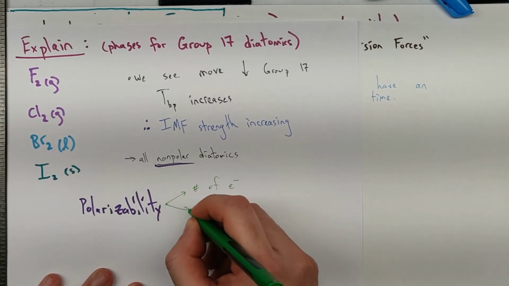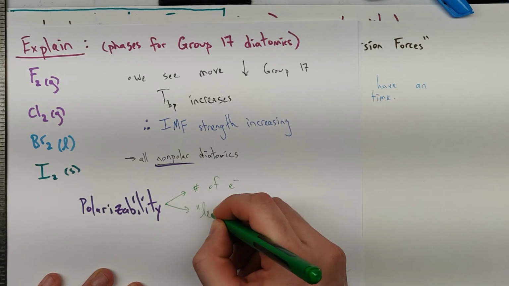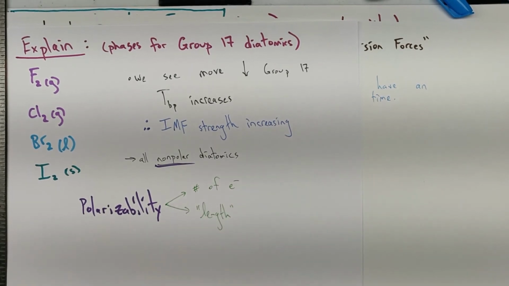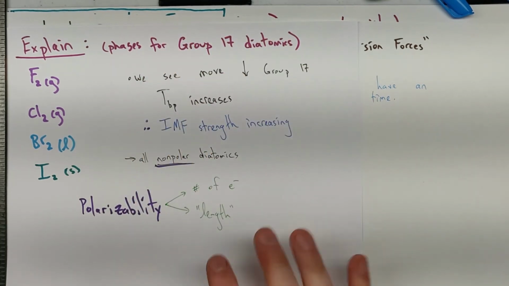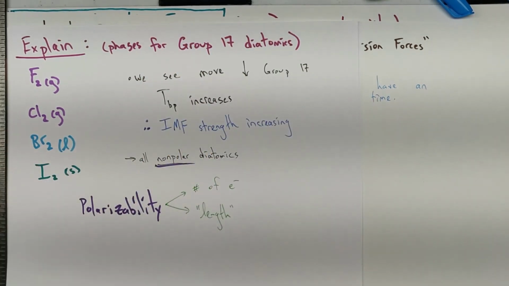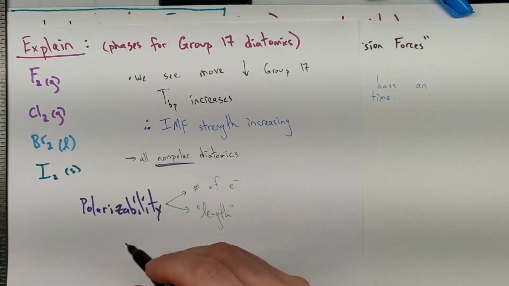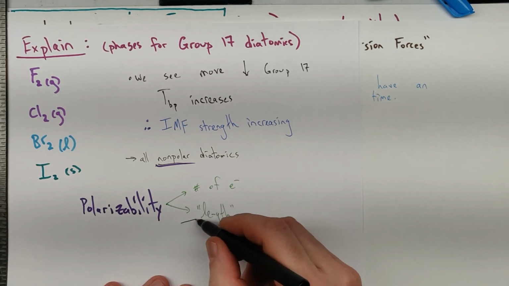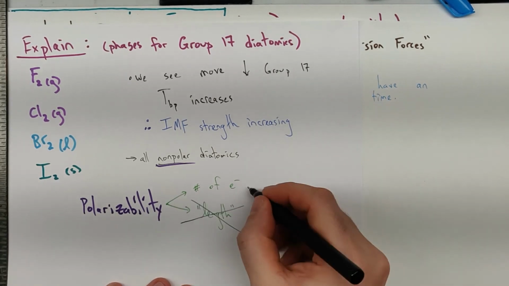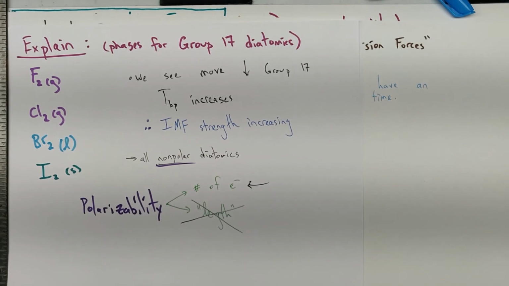And then the second, we said, was length. And so as we look at these, overall, these are linear diatomics, and length is going to be pretty similar, or at least comparable. I mean, iodine is much larger than fluorine, but proportional to the number of electrons, I think we can say that the length is pretty consistent. So that's not going to be our factor, which means that number of electrons is our key factor.